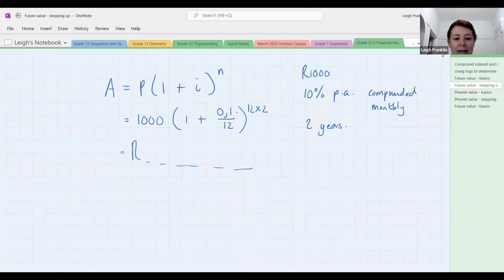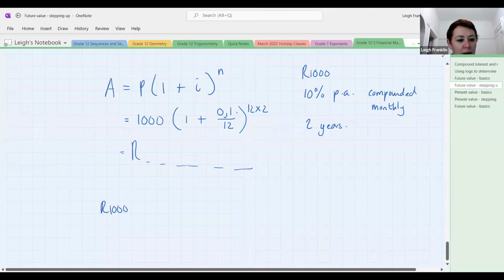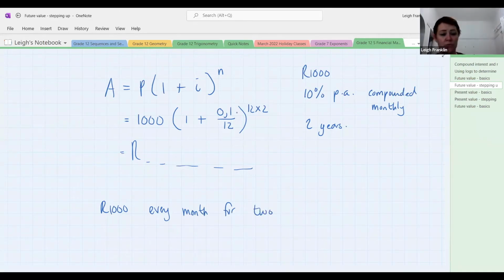Now we're saying that somebody pays 1,000 Rand every month for 2 years. Not just one deposit of 1,000 Rand, but every month for 2 years at the end of the month. Again, let's say the interest is 10% per annum, compounded monthly.